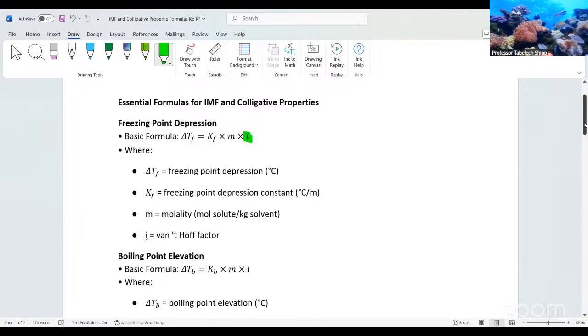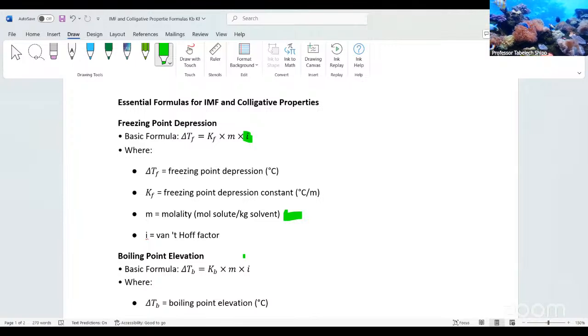Now, with the molality, we talked about this yesterday as well. The formula for molality is equal to the moles of the solute divided by the kilograms of the solvent. So in order to use this formula, you take whatever the solute is.